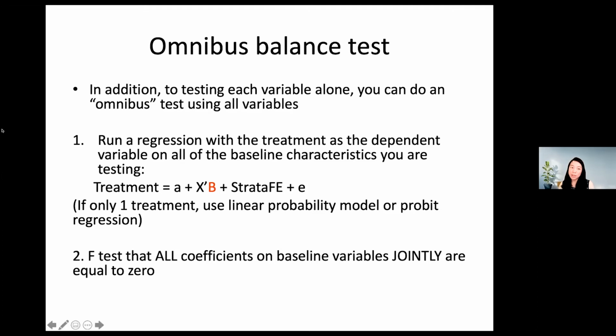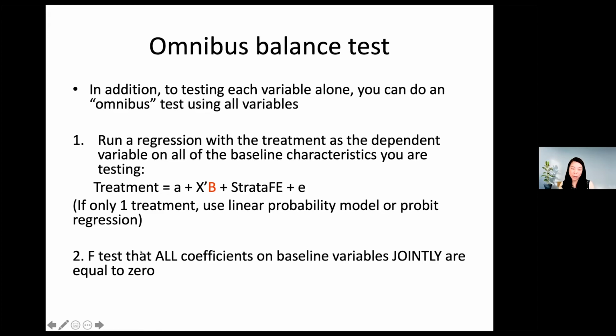And alternatively, instead of testing each variable alone, you can also do an omnibus test, where you run the regression with treatment as the outcome variable, and then you put all the baseline characteristics variables on the right-hand side.